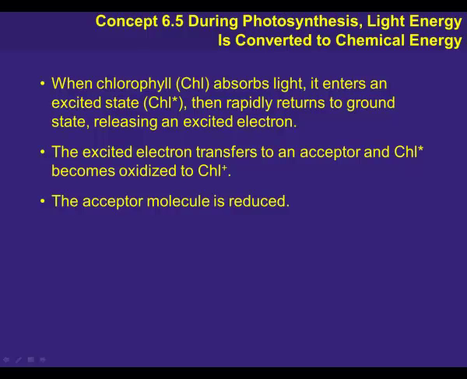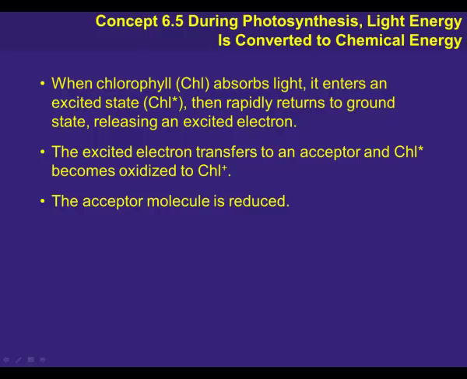What happens exactly is that when this chlorophyll absorbs the light, it enters into an excited state, and then it rapidly returns to a ground state. But when it does that, it releases the energy in the form of an excited electron. And it's at this moment that light energy has been transferred to chemical energy in the form of an electron.